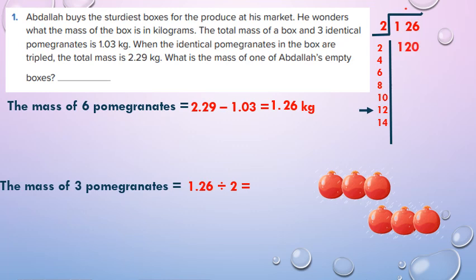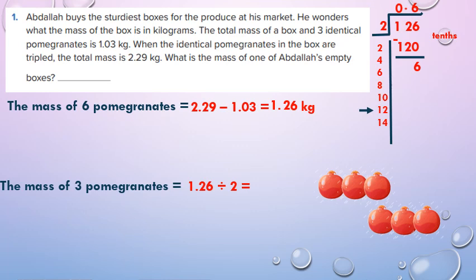So 12 tenths divided by 2 is 6 in the tenths place, because we used the 2 in the tenths place. Then subtract: 6 minus 0, 6, and 12 minus 12, 0.